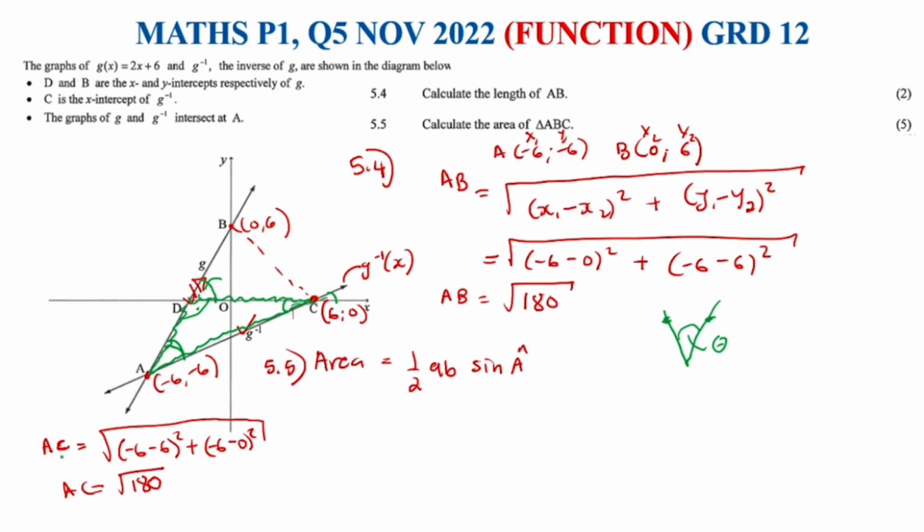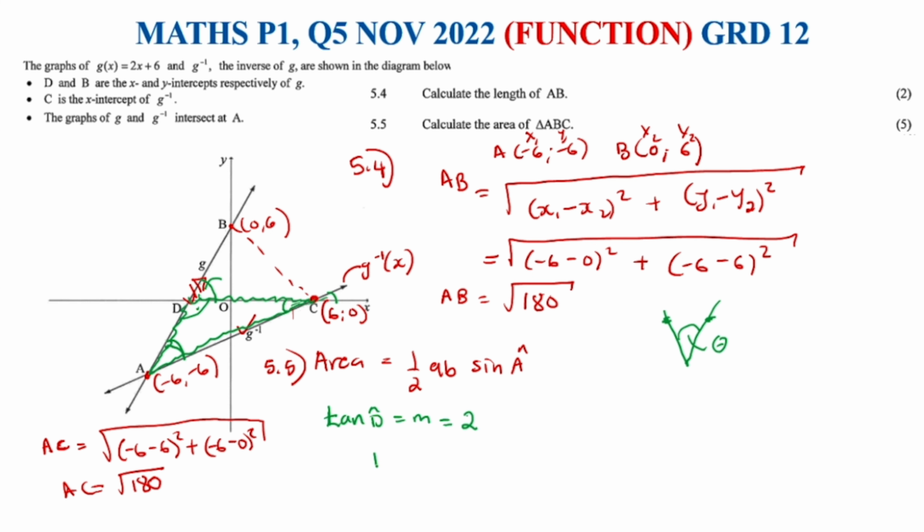With the equations of straight lines that we have, you all remember that the angle of inclination is given by tan of the angle, which in this case is going to be D, equals M. So what is the M for g(x)? For g(x) it is given by 2.